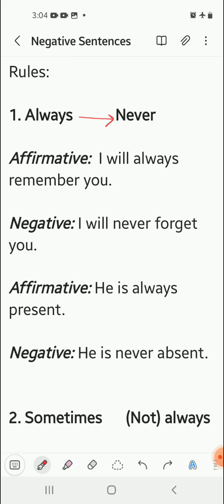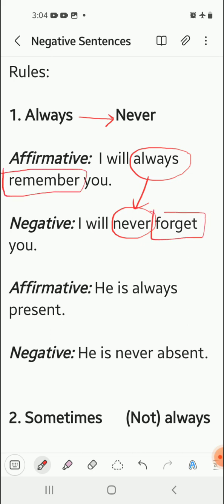So the meaning of the sentence can't be changed, but we have to make it negative. For that, look for the word always. So always will get converted to never as per the rule. So we are going to write I will never, and we use the opposite word of remember, which is forget.